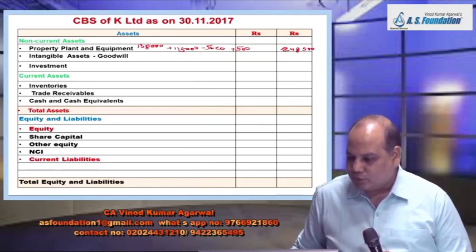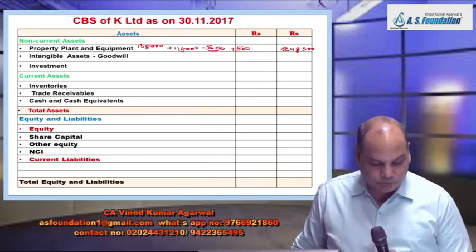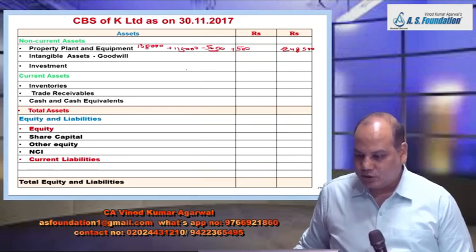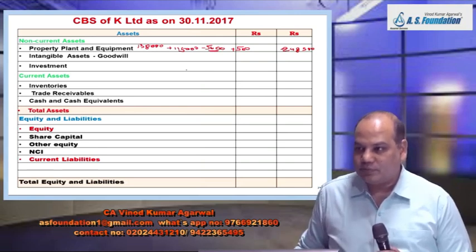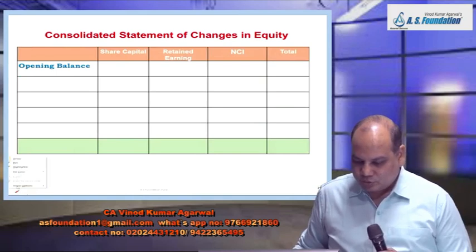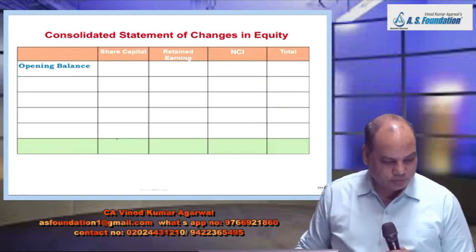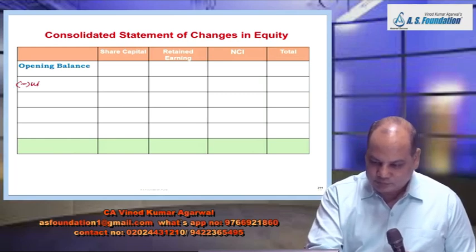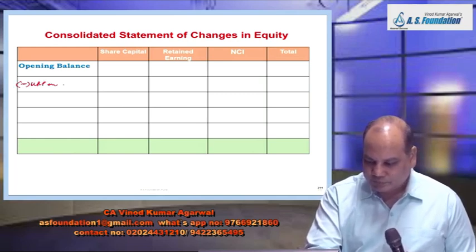And we have to give the effect of these two transactions. Who had transferred to whom this plant? K transferred to S. So we'll remove it from K's profit. Where is K's profit? Retained earning. So come to SOCIE. Less unrealized profit on plant.